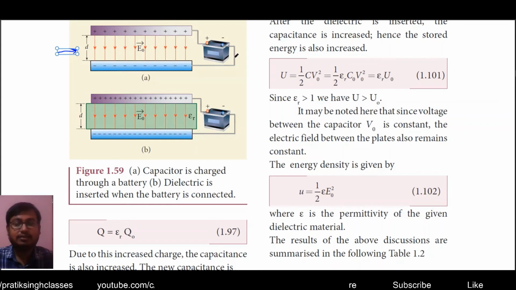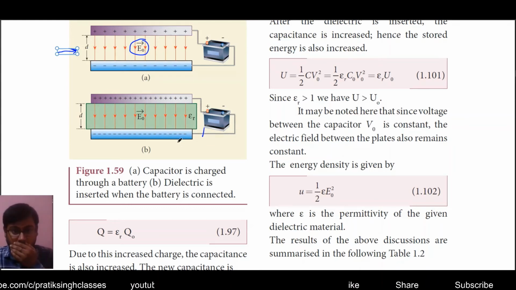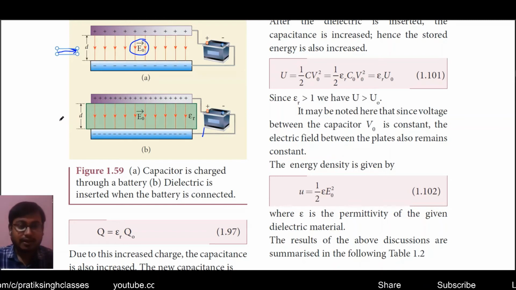That means the charges are passing from the battery to the capacitor, and because of that an electric field E naught has been introduced in between the plates. While keeping it switched on, the capacitor plates are being filled with a dielectric material, and the gap between the plates is D.